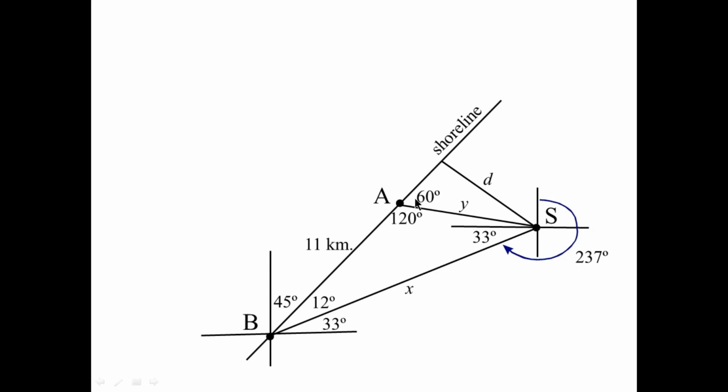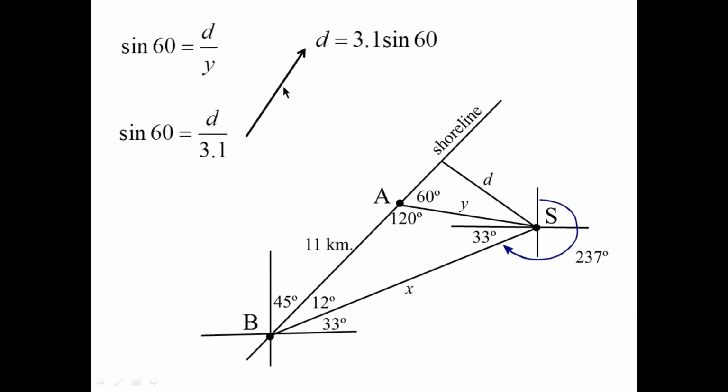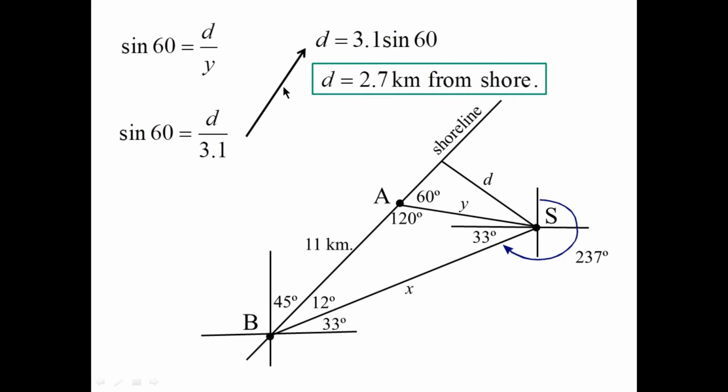And now we'll do SOHCAHTOA in this triangle. Sine 60 equals opposite over hypotenuse, so sine 60 equals d over y. But y we figured out in the last diagram to be 3.1, so d is actually 3.1 sine 60. And we've got the distance to the shore. It's 2.7 kilometers.